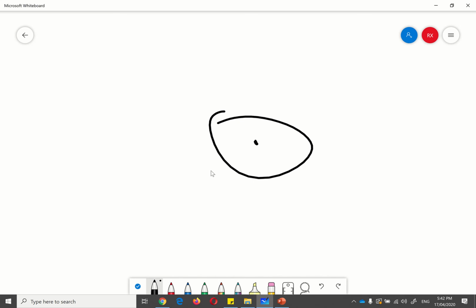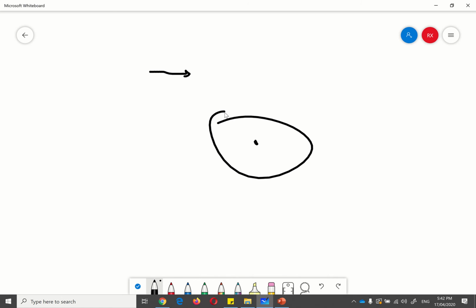When you think about it, if there's no acceleration causing a change in velocity, what would the object do? The object would travel in a straight line like that because there's no force applied to it. There's no change in the velocity, the direction it's going. You just travel in a straight line.